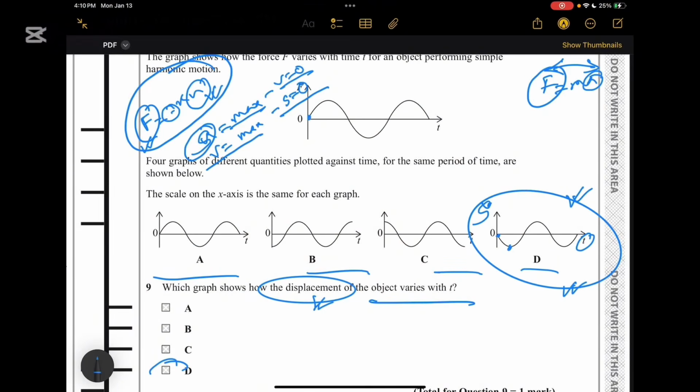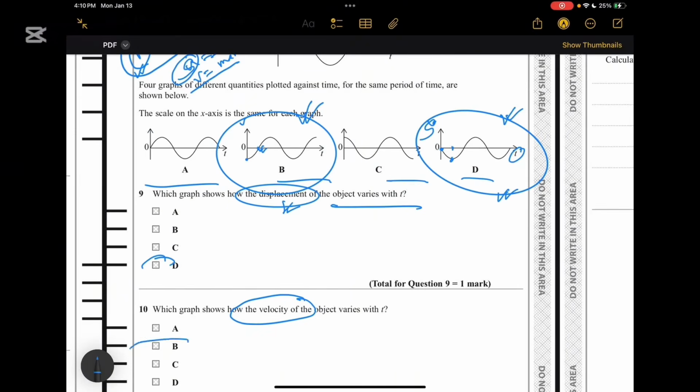So basically, graph B corresponds to this thing. Right here, when the displacement is 0, the velocity is at maximum. This is our VT graph. When the displacement is 0, the velocity is at maximum. So basically, graph B corresponds to that. So B is our answer for the displacement and time graph.